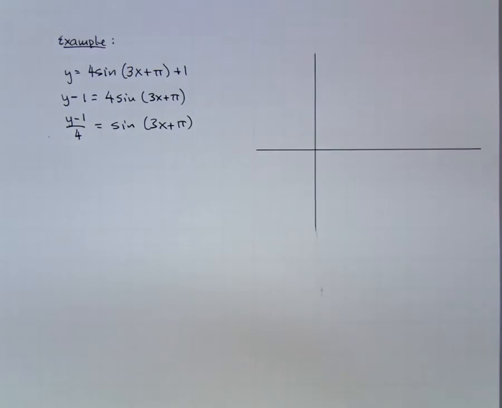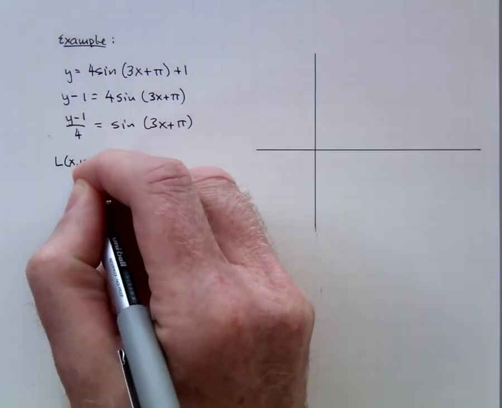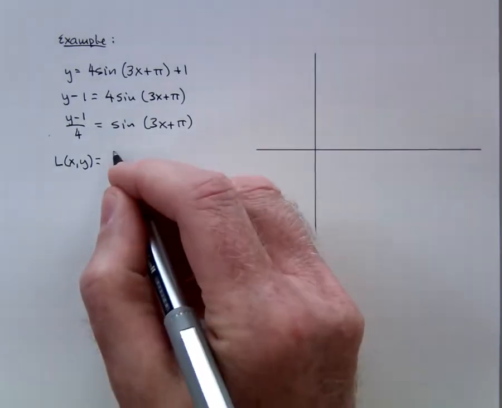Now that we've got the changes to the variables separated so it's clear what's with x and what's with y, we can go ahead and reverse everything as the graph standardization theorem suggests. So the x variable in the equation is multiplied by 3 and then pi is added.